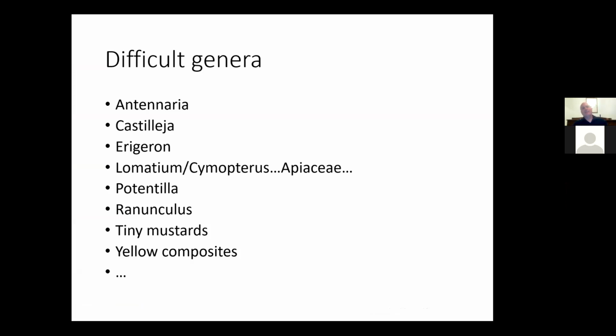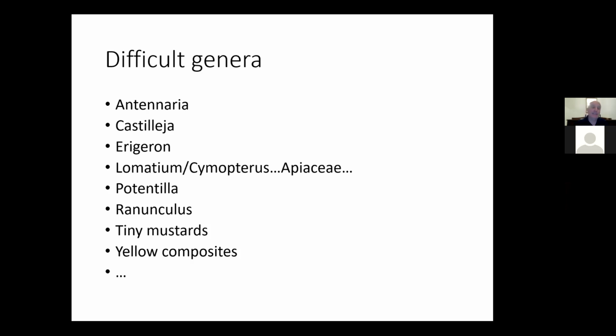So there are some genera that seem to be especially problematic. The ones that are problematic for us are also problematic for the model. You know, Potentilla flowers can look very similar. The paintbrushes hybridize so much that if you look at the training data that's coming out of the research grade stuff from iNaturalist, it's really messy.